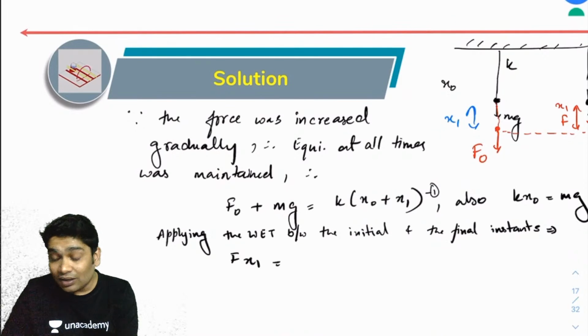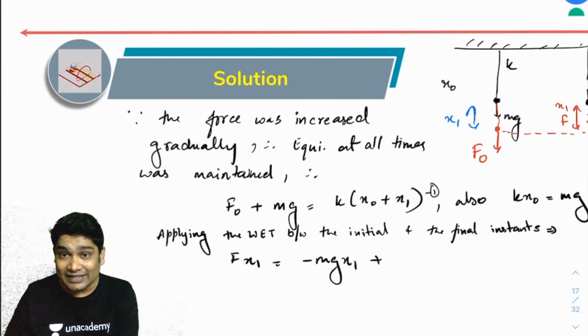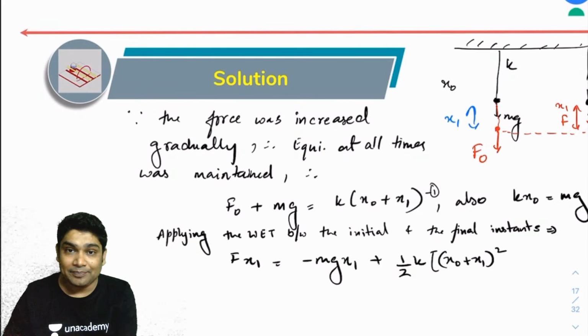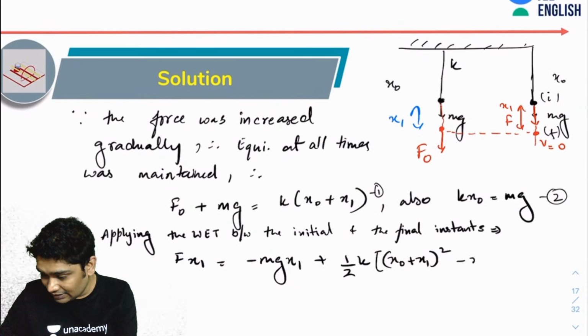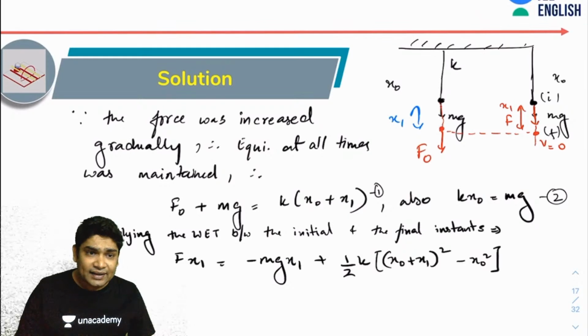The change in gravitational potential energy would be minus mgx1, plus the spring would have gained some potential energy, which would be half k times x naught plus x1 square, the final potential energy, minus x naught square. Agreed. And the kinetic energy changes from 0 to 0.